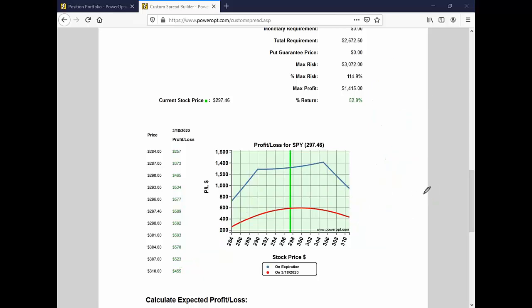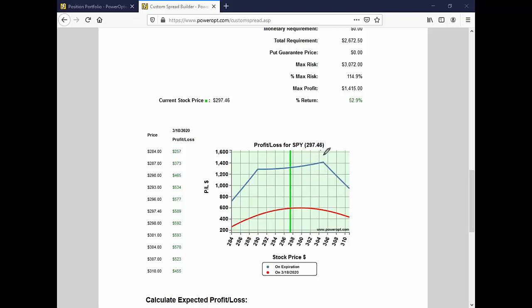So in both cases here, the delta on my short call, I'm sorry, the delta here is 0.3. Let's clear that out. Start over.